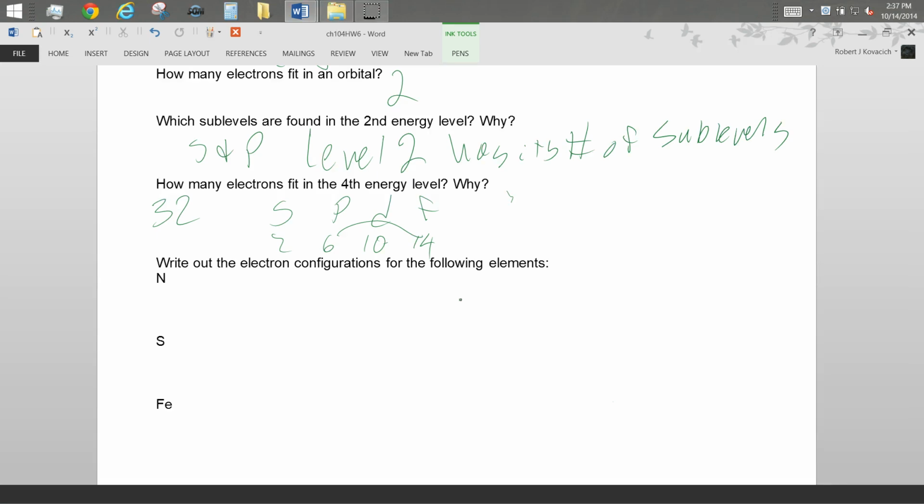Electron configuration for nitrogen, we've got 1s2, 2s2, 2p3. Two ways you can confirm that that's true. You can add up the electrons, and it's 2, 2, and 3, giving you 7, and nitrogen is element number 7. The other way to do it is that last electron, it's in the second row in the p block, and in the third column in the p block.